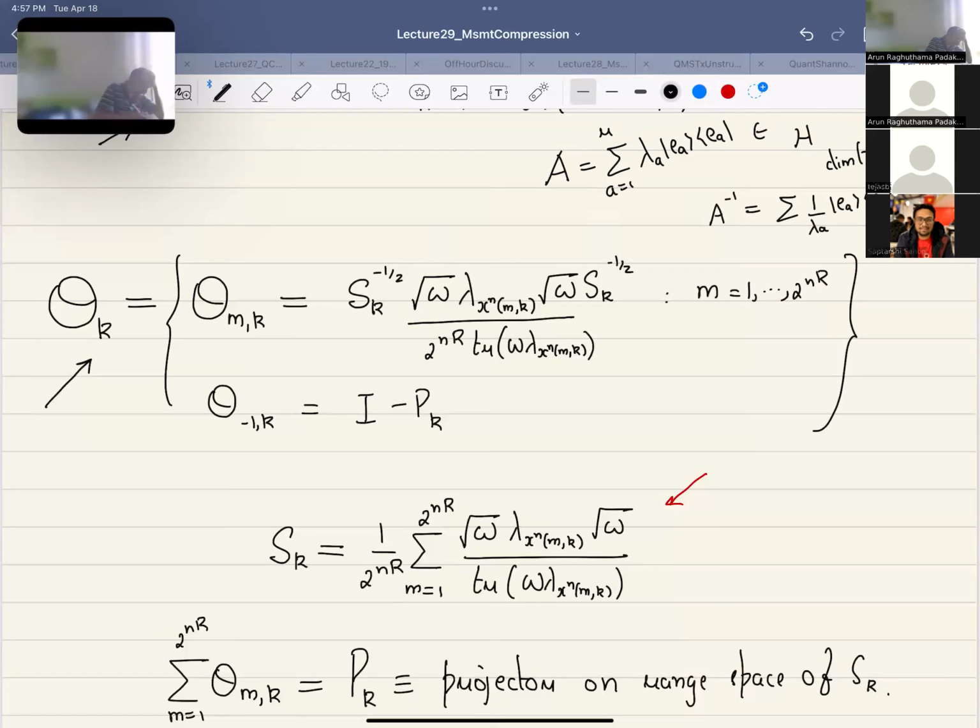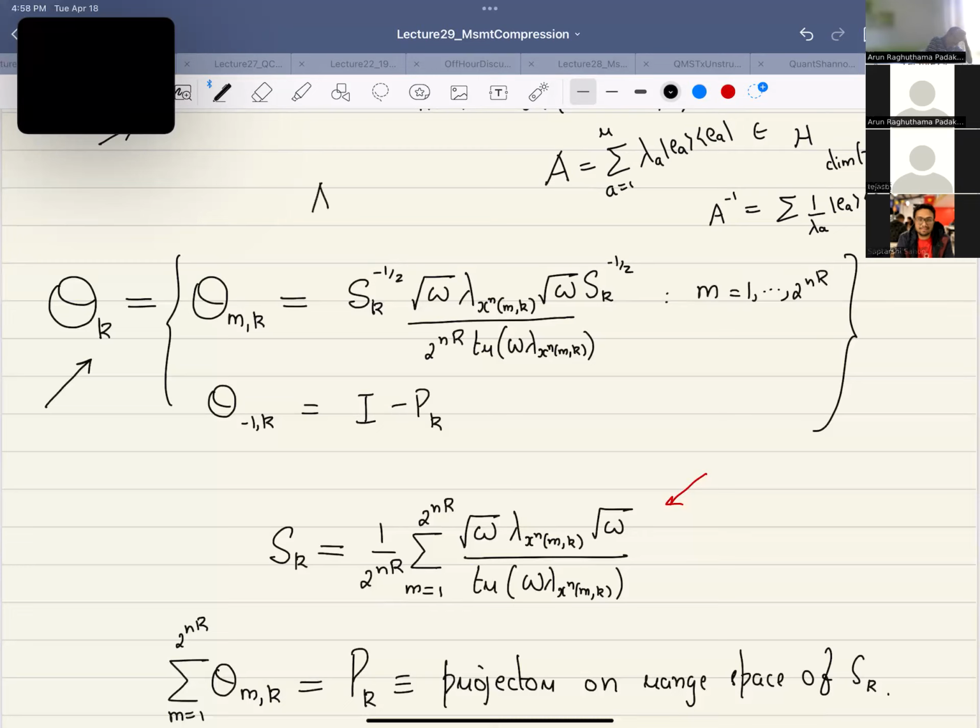It's correct, right? How is the inverse operation on a field defined? The inverse operation on a field is not defined for the zero element. So you're just inverting in the range of A. Yeah, you're inverting only on the range space. You can look at this definition in a book.